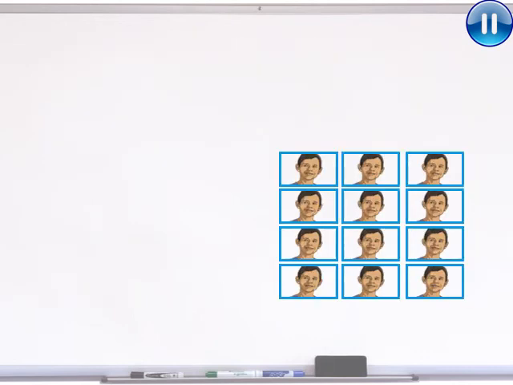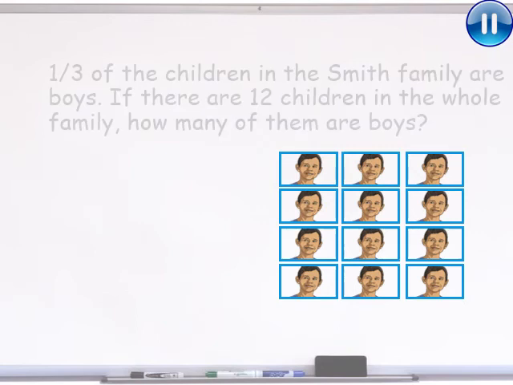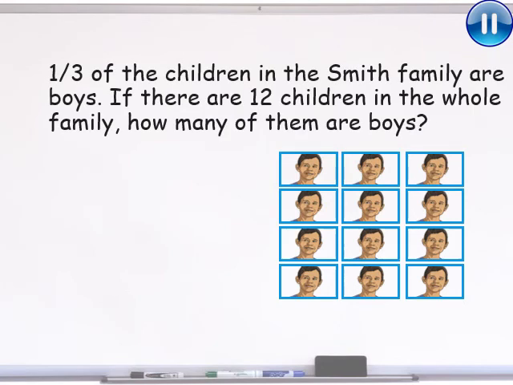Okay, young gentleman here, let's see what question relates to him. We've got 1/3 of the children in the Smith family are boys. If there are 12 children in the whole family, how many of them are boys? Let's have a look, shall we? How would we write that?